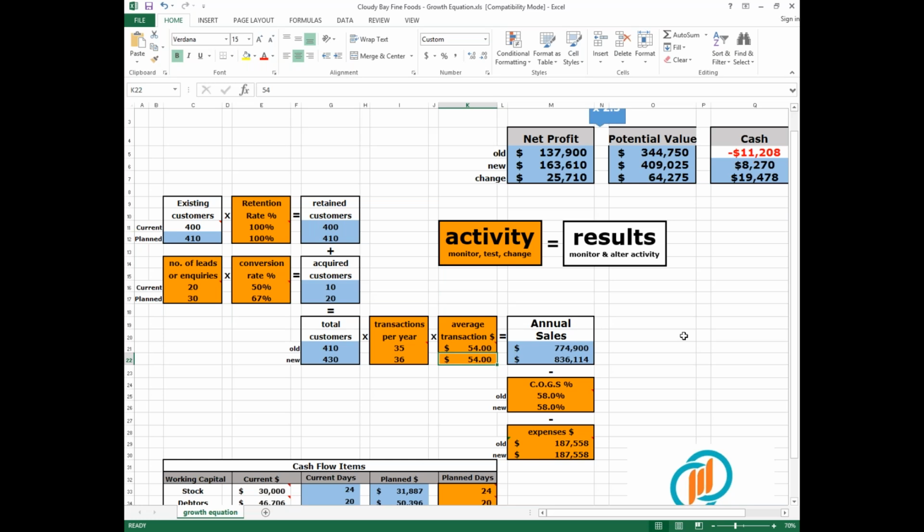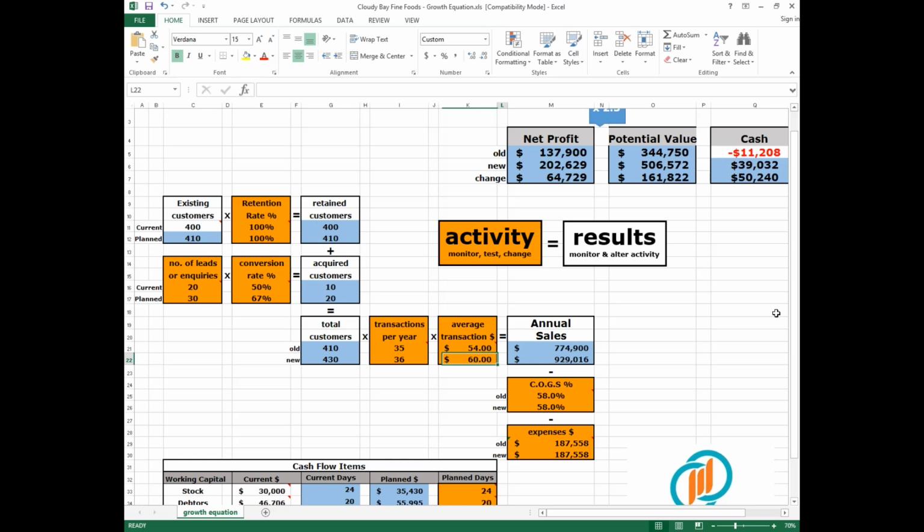This will make a significant difference. And I'm going to do that now. So if I increase that average transaction size to $60, we're now seeing 836. We're seeing a profit increase to 163, which is 25,000. Let's have a look at this one change and how big a difference it actually makes.